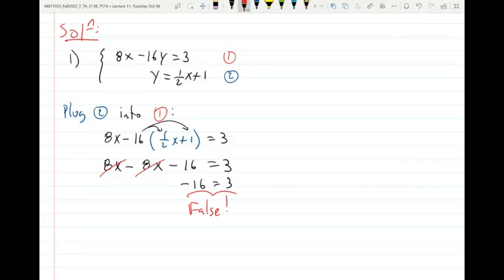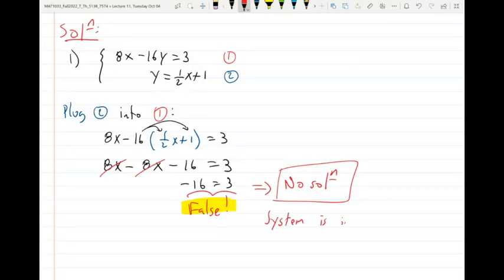This is a case in which the lines are parallel. For example, let's write the slope-intercept form to see it. So when this happens, this means that there is no solution. The system is inconsistent.